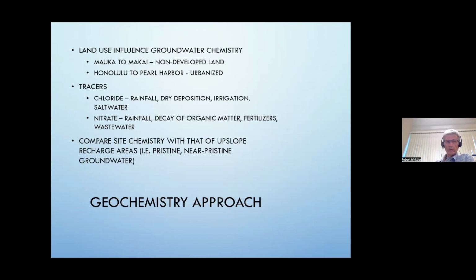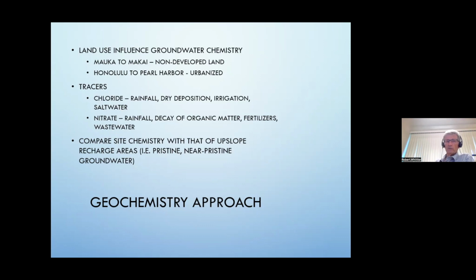Two preliminary tracers we've looked at is chloride, which comes from rainfall and dry deposition. Anthropogenic source would be irrigation with groundwater, and another natural source near the coast would be saltwater intrusion.